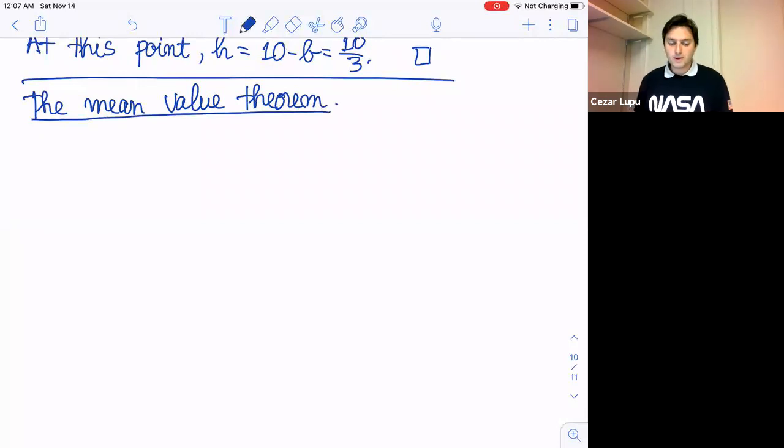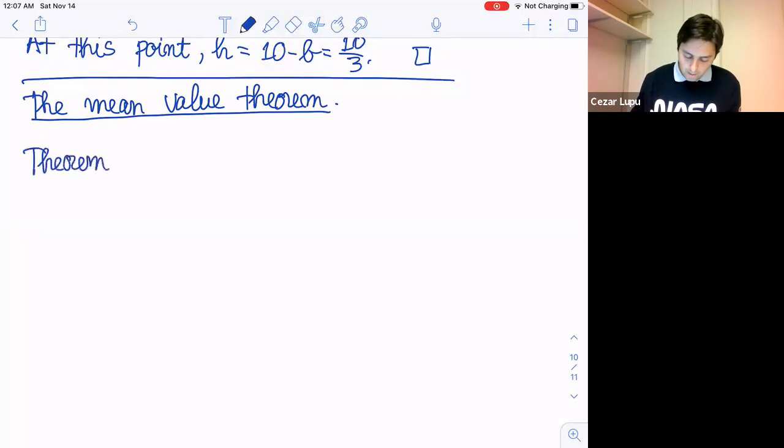Before I talk about the mean value theorem, I would like to talk about Rolle's theorem.